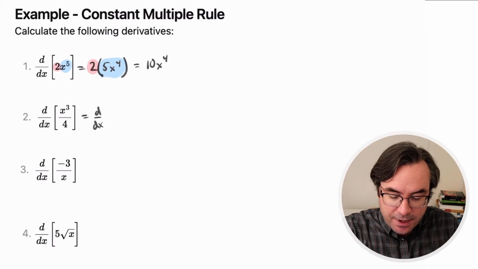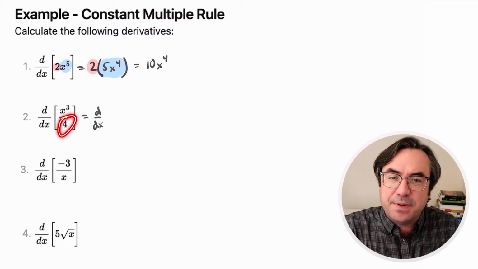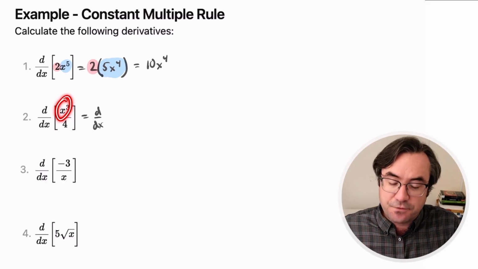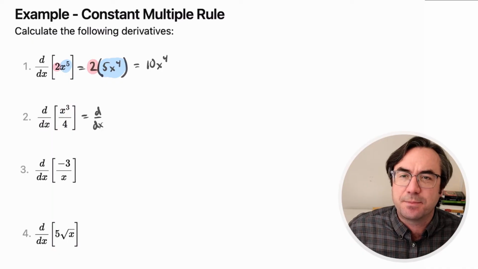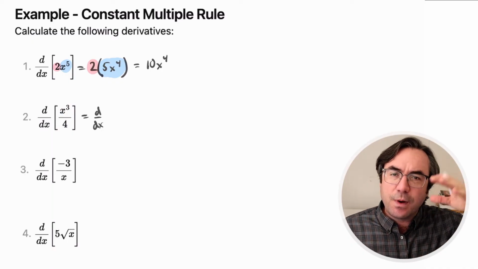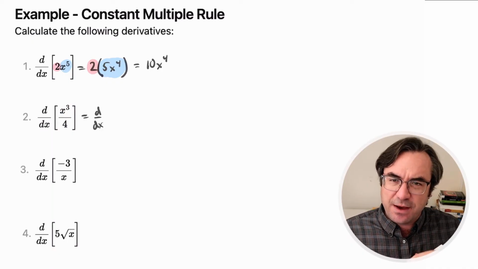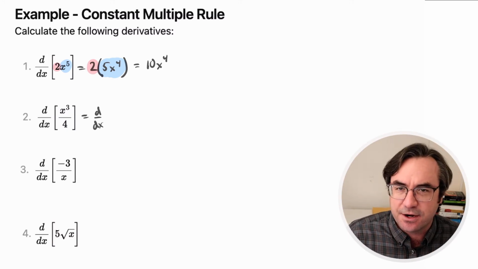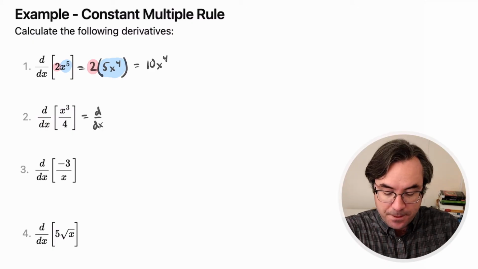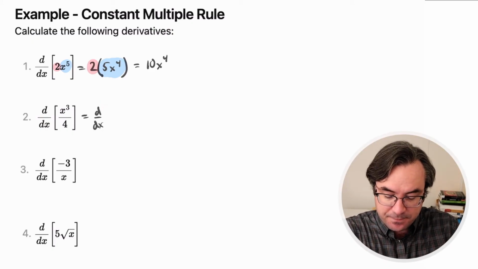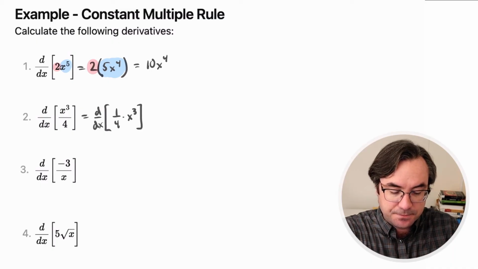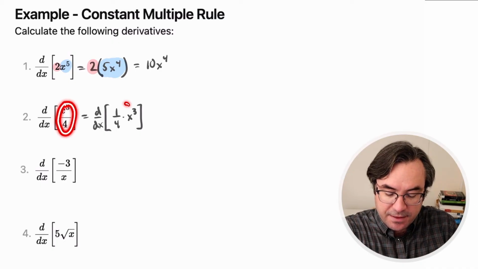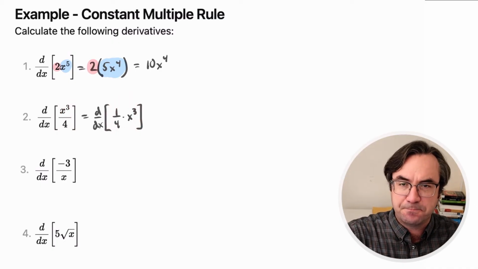So separate off any constant pieces from your variable pieces. We want to reorder the function so that we have all the constant multiple stuff in front, and then the variable stuff comes later on. So we're going to rewrite this as 1 over 4 times x cubed. We're just rewriting that function in this format here.